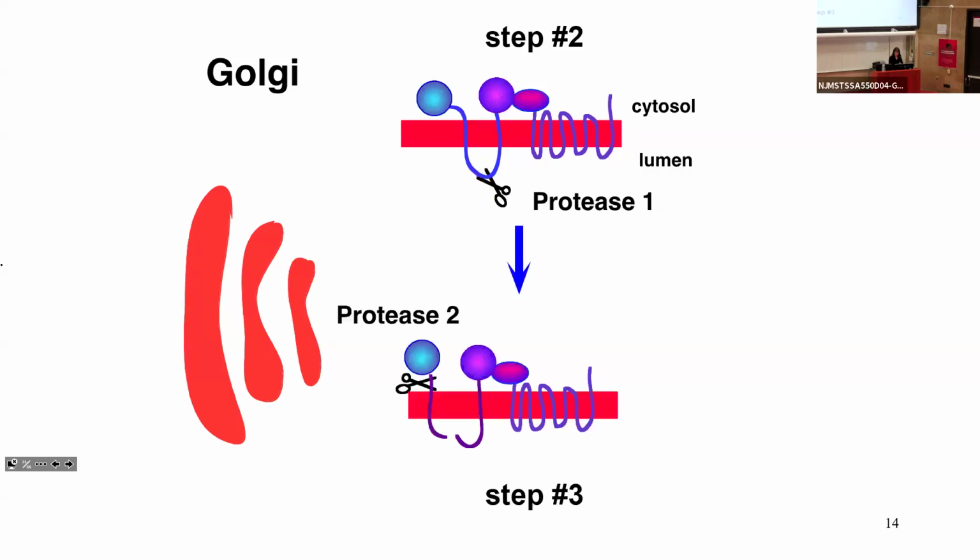Okay? And when that loop gets clipped, this SREBP domain is going to raise up from the membrane. And another protease can come and clip it there. And now this transcription factor, which was tethered to the membrane, is released.